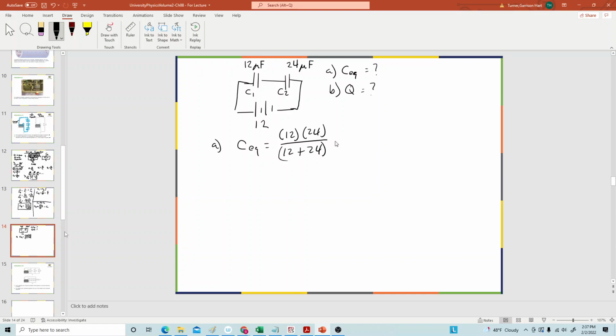And this is going to be in microfarads at the end of the day because the numerator is in microfarads squared, the denominator is in microfarads, so your overall result is still going to be in microfarads, which it should be. And when you have nice numbers like this, there's a few tricks you can do.